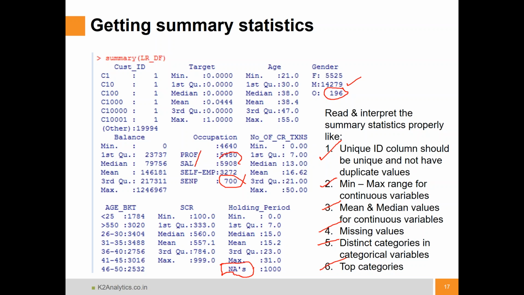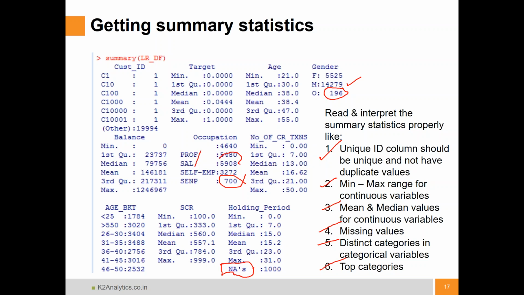One way is, there are 1,000 observations where holding period is missing, but for the remaining 19,000 observations holding period is available. Probably I can say that holding period is a function of balance in the account and number of credit transactions. And because holding period is a continuous number, I build a linear model.